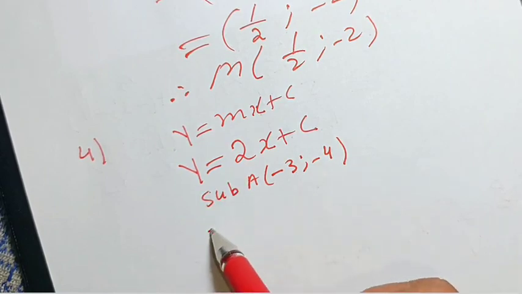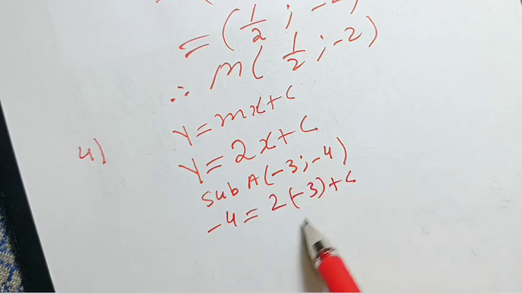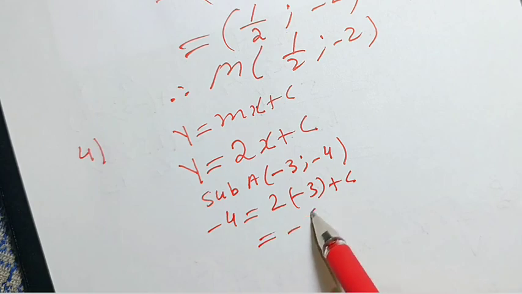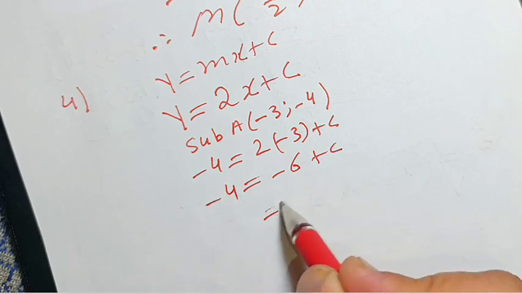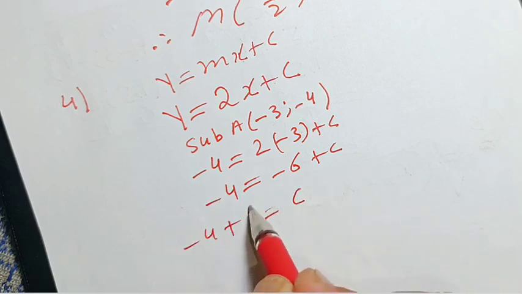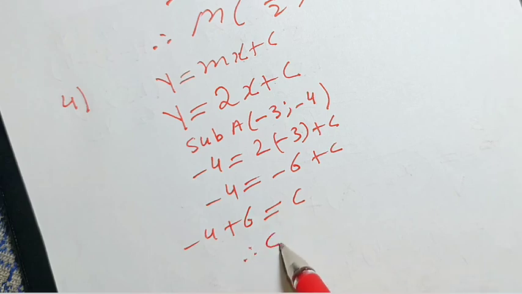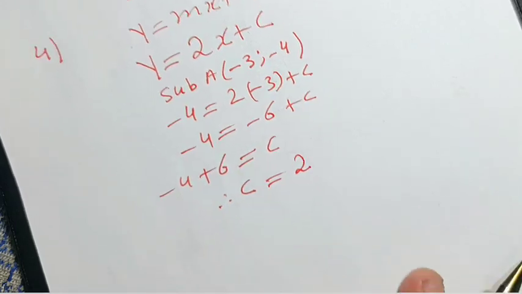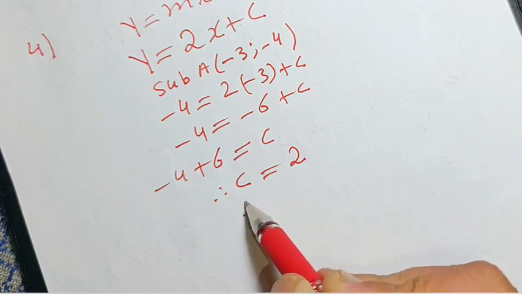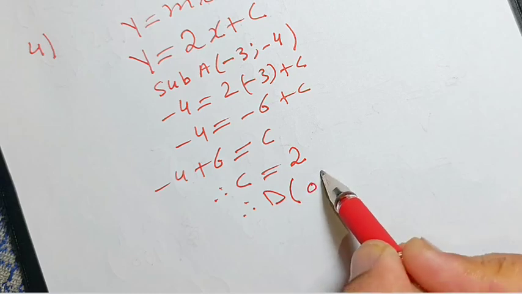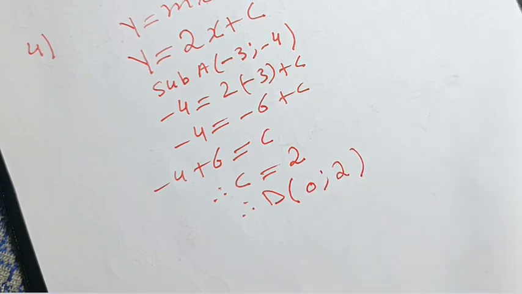So x and y: negative 4 equals 2 in place of x, negative 3, plus c. That becomes negative 6 plus c equals negative 4. So c is going to be negative 4, and this becomes positive 6 when I switch over to the left-hand side. Therefore c is equal to positive 2. So this is the y-intercept. Therefore D has x value 0 and y is 2. Then we have found the coordinates of D.